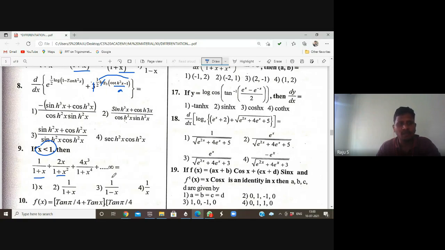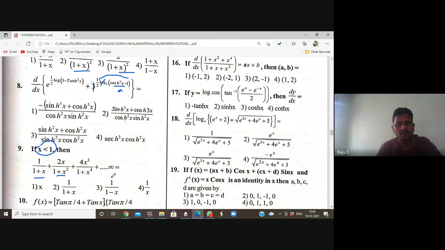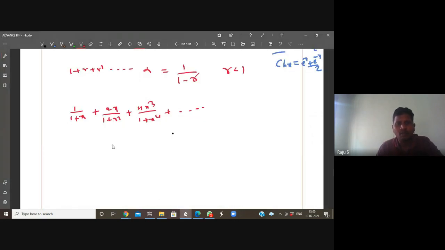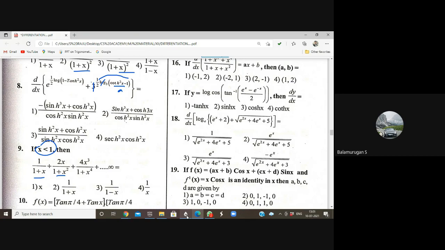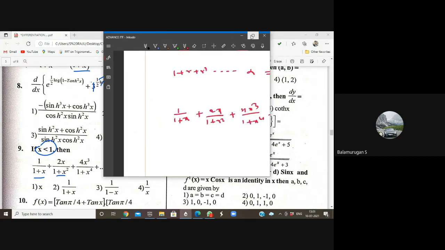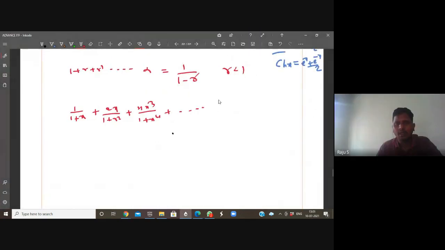When they given it is infinite, okay, we'll do one thing. I'm going to write the general form of this. So what is the nth term? When we write like this, nth term becomes nx power n minus 1 by 1 plus x power n.